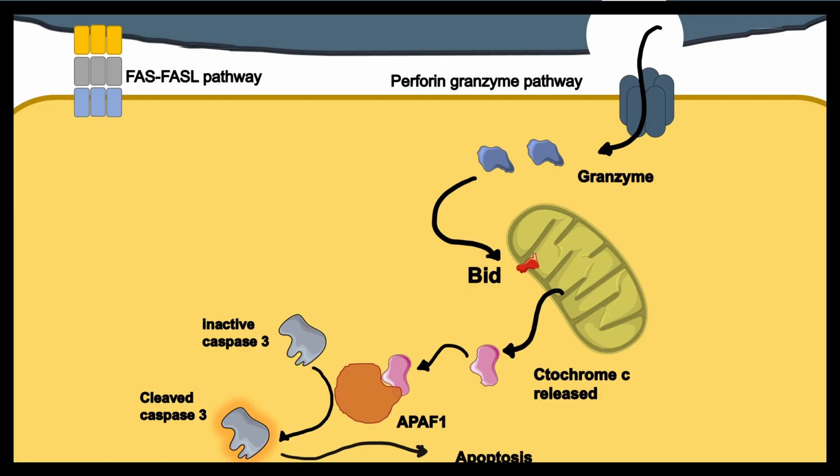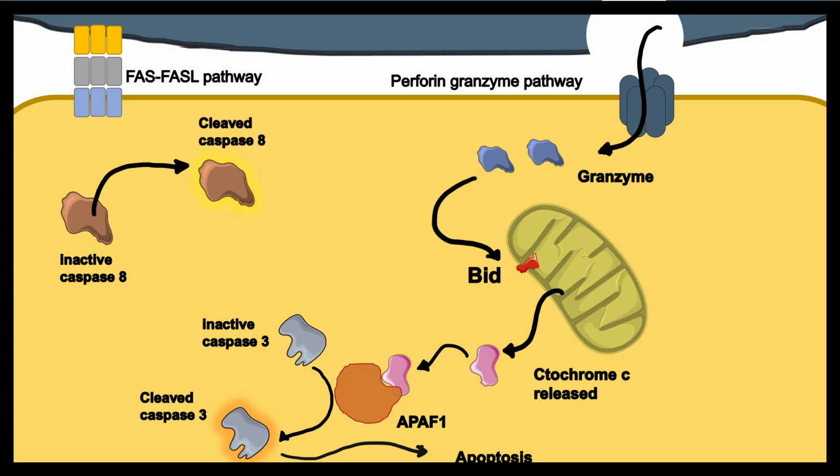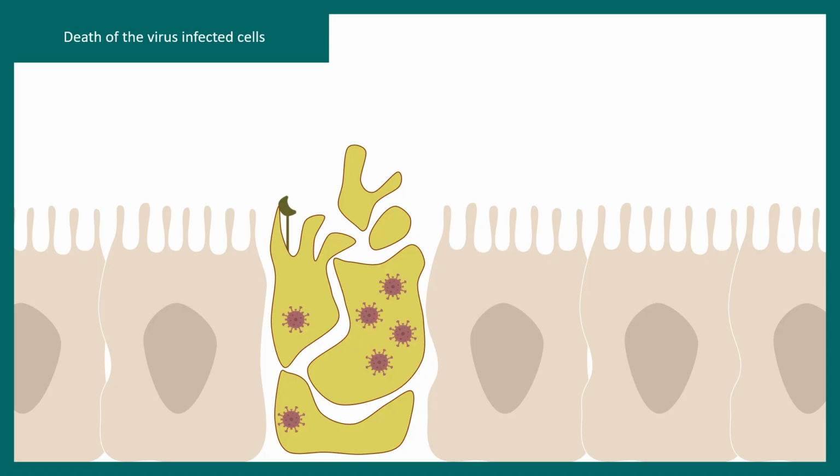Caspase 3 is the executor caspase, which leads to apoptosis. On the other hand, there are other caspases that are activated by the FAS and FAS-L mediated pathway, but the downstream trigger point is the same. These caspases work in a cascade to activate the executor caspase, or caspase 3. And ultimately, that triggers the events of apoptosis. Ultimately, the entire cell that is infected by the virus dies. So the virus gets eliminated in this way.